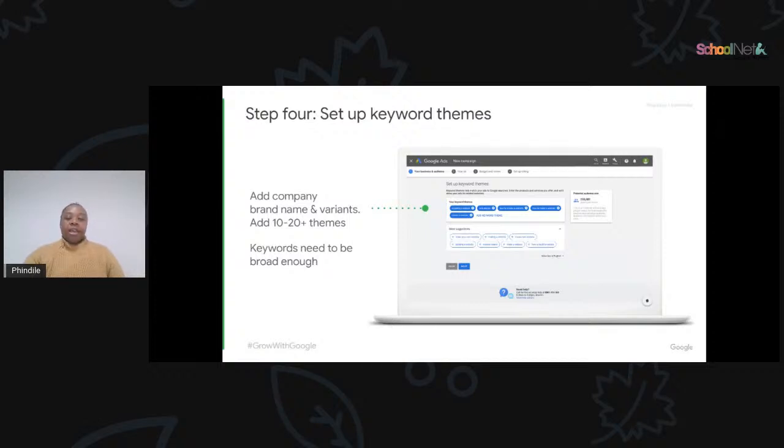As you can see, you can even look at what is suggested by Google, and you can use those suggestions as well. Use a mix. You can mix your brand name, variations of your brand name, and broader themes as well, so that when people search, they are able to find your business.